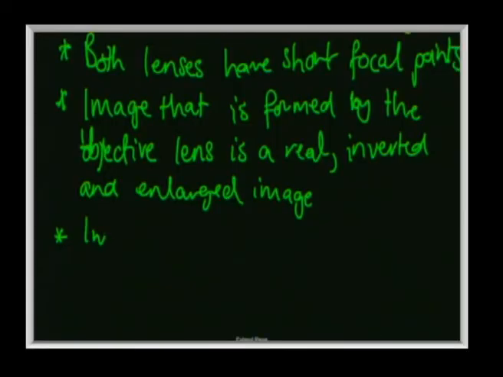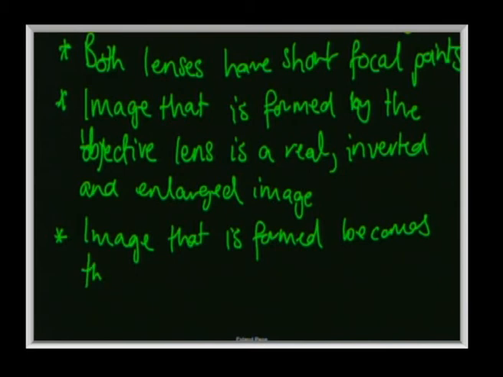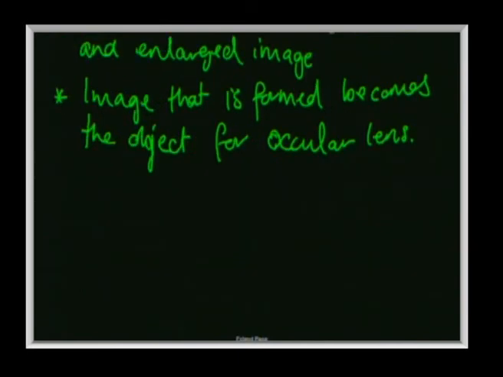And the last thing that is very important over here, because it sets the microscope apart from the telescope, is the fact that the image that is formed becomes the object for the ocular lens. This image, let's name that the secondary image.